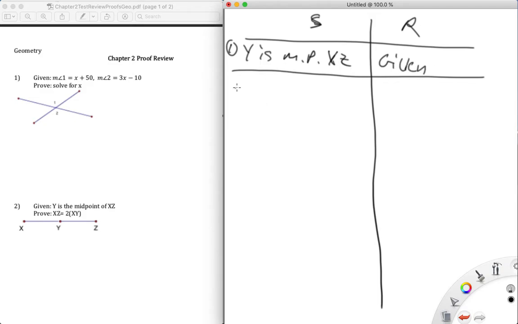So since I know y is the midpoint, that means that xz is cut completely in half, meaning that this guy over here, xy, is congruent to this guy over here. So I can say that xy is congruent to yz, and that is because of the definition of midpoint, which says that if it's the midpoint, then both sides are congruent.